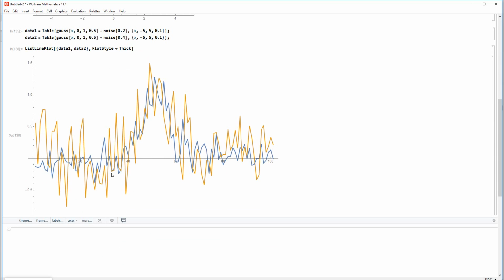What we see is that apparently the blue noise is much less, so that's our data from in-house, and that's the additional data.